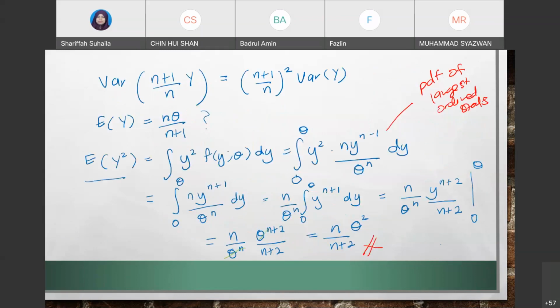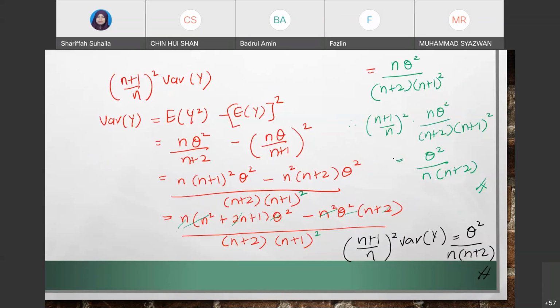Variance y is the one from before, and when we take out the constant, it is the same thing. If you write n plus 1 over n square variance y, then we substitute variance y back, and the n plus 1 over n square term in front cancels out, giving theta square over n plus 2.